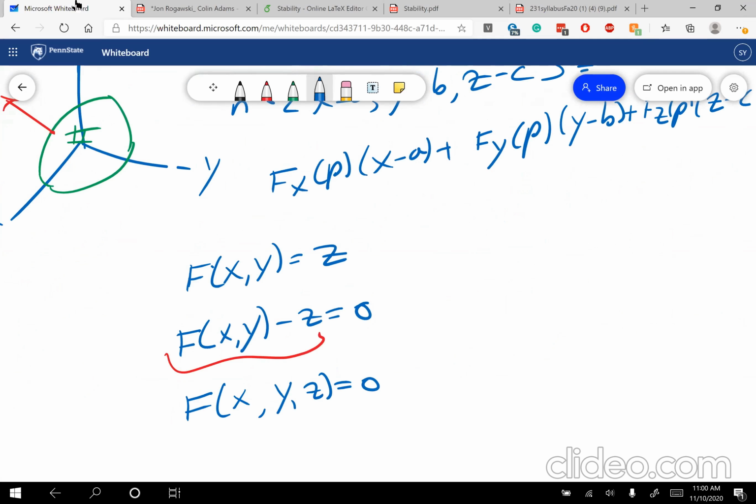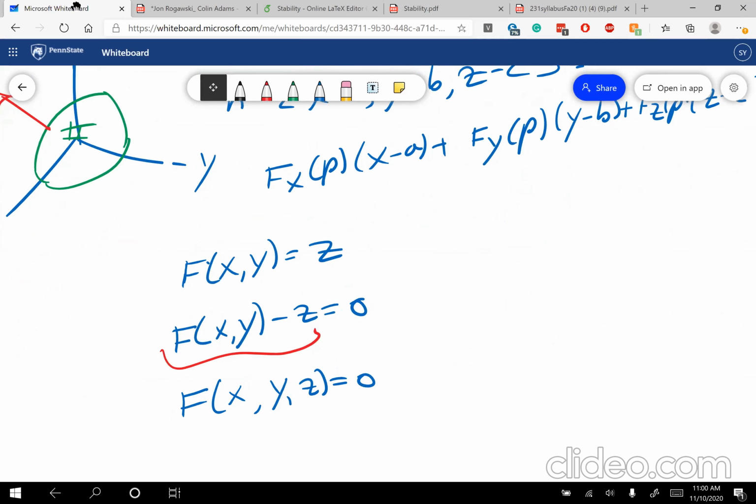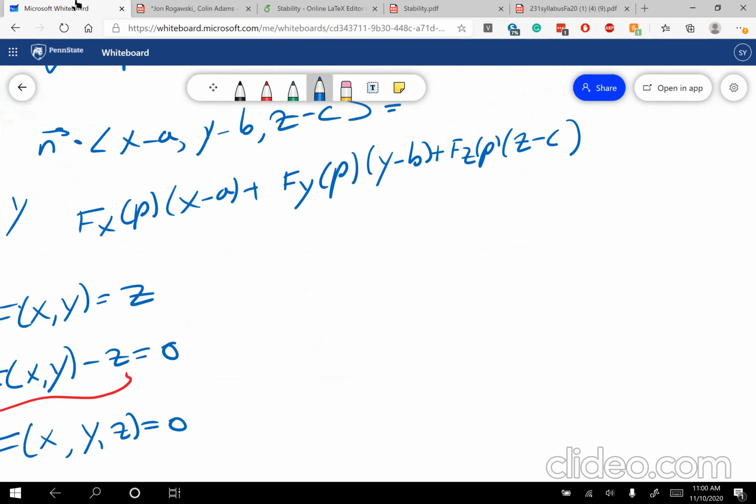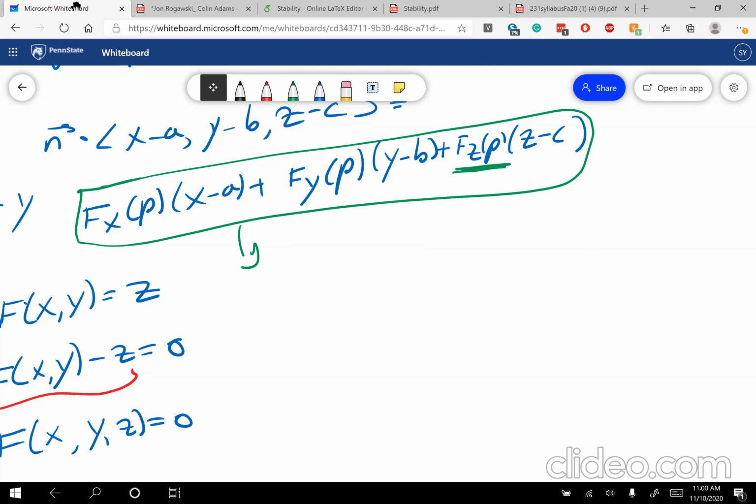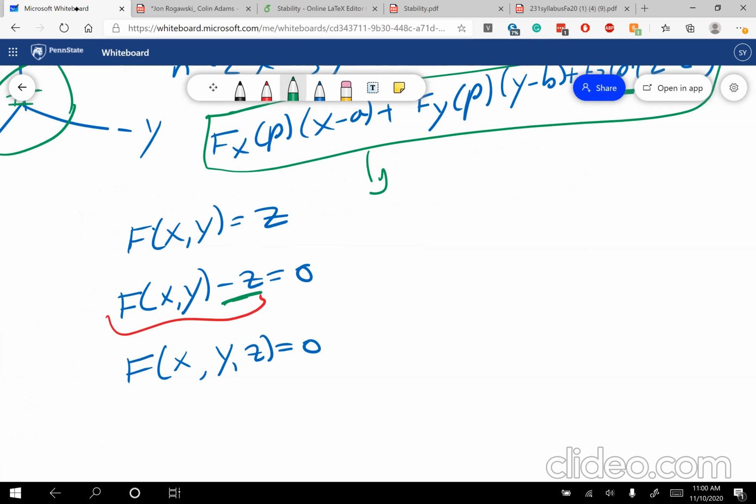And taking the partials of f will give us, if we try putting that into this equation, the tangent plane that we found before. Because the partial of f with respect to z, well, what's the only z here? It's just this.